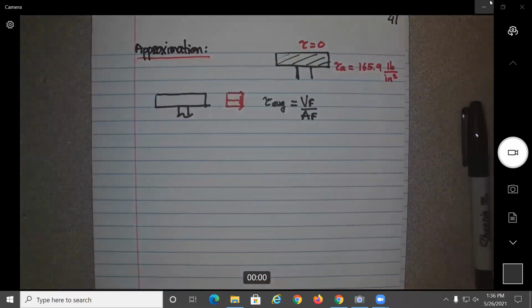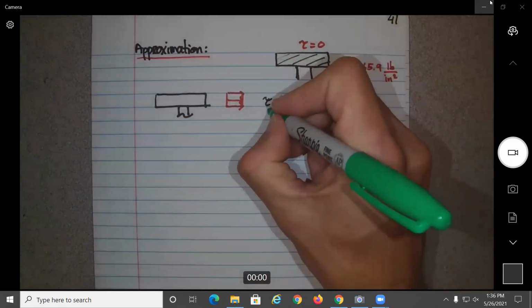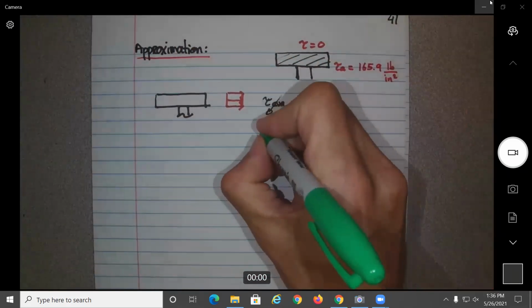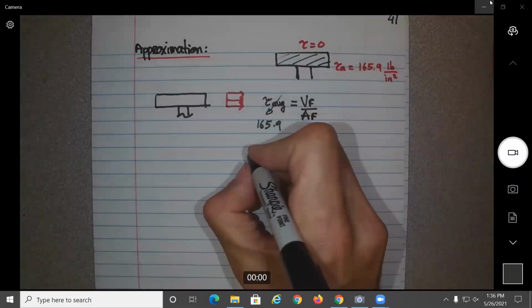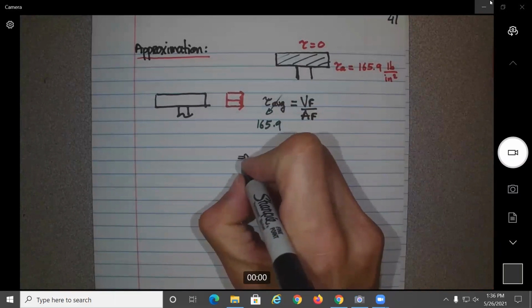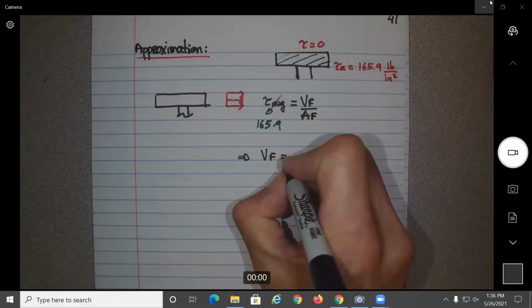So in that case, if we know the shear here, this is 165.9, then we could just solve for the shear force on the flange, which would be equal to what?